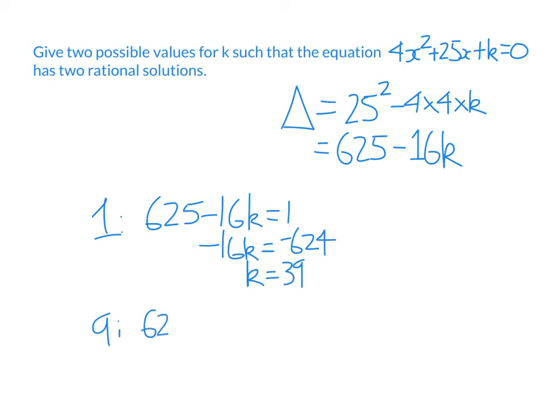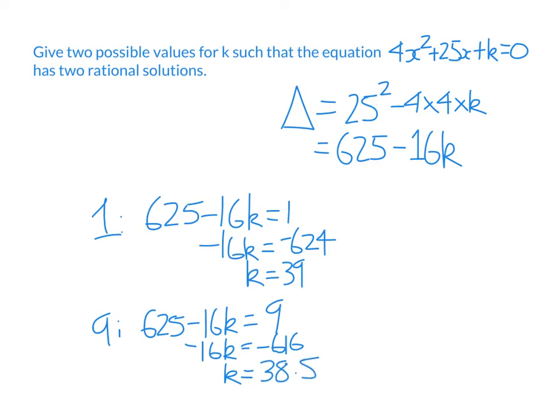So if I had 625 minus 16k is equal to 9, I could subtract 625 again, and then divide by 16. Now for this one, I actually get k is equal to 38.5. So there's nothing in the question that said I couldn't do that, so that's a valid answer for k. But let's look for another one where k is an integer.